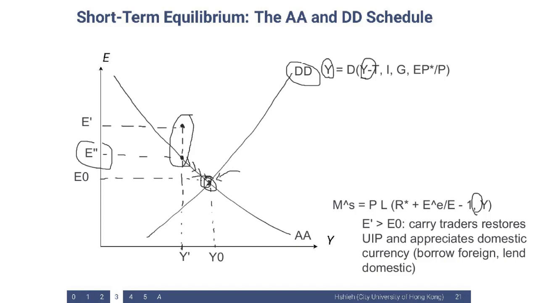Foreign goods are more expensive because higher E means higher Q. As the economy expands, they're hiring more people, they're producing more, there's more income. That's going to put downward pressure on E, because the domestic currency is getting stronger. So E keeps going down, but output keeps increasing until all output is satisfied and E no longer wants to move anymore. That is precisely this point here.